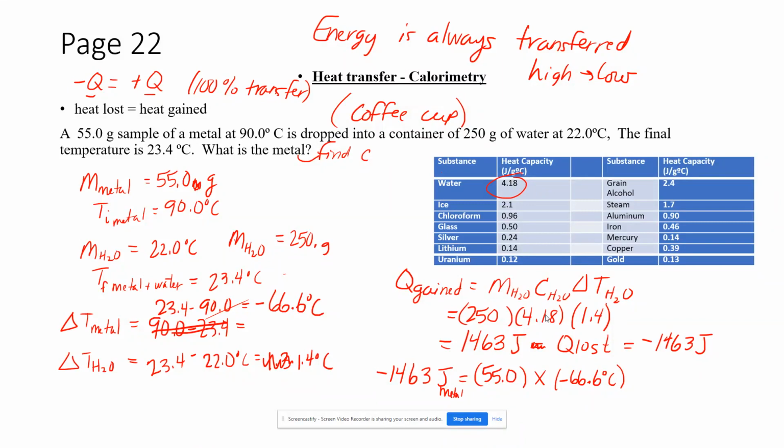So you have 1,463 divided by the mass, divided by the temperature change, and you get a specific heat of 0.399 joules per gram degree C. Then we look at our chart, and see how copper is the closest to that? So we would say that this substance is most likely copper.